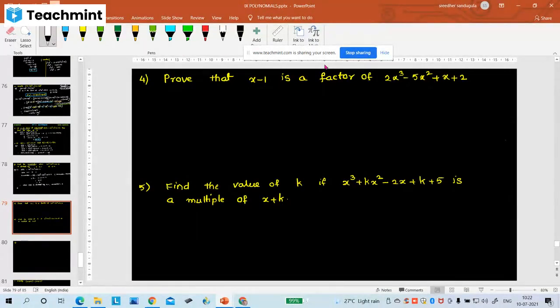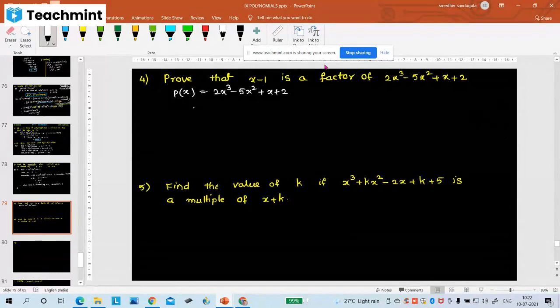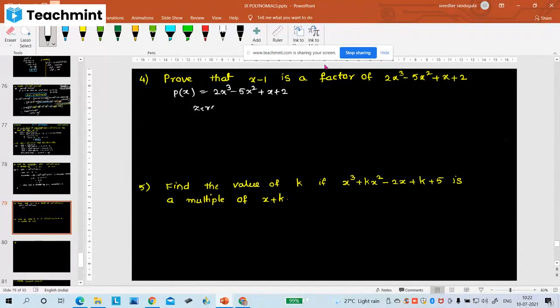So what is the given polynomial here? P of x equals 2x cube minus 5x square plus x plus 2. What is the 0 of x minus 1, children? 1. Very good. The 0 of x minus 1 is 1.